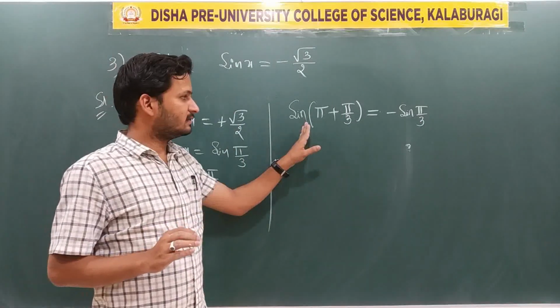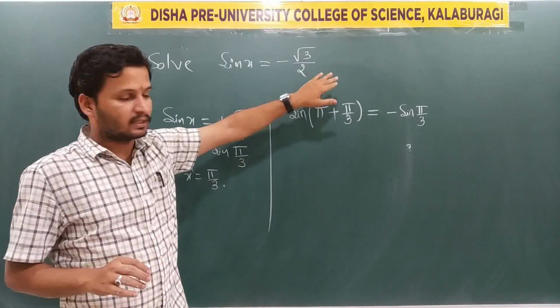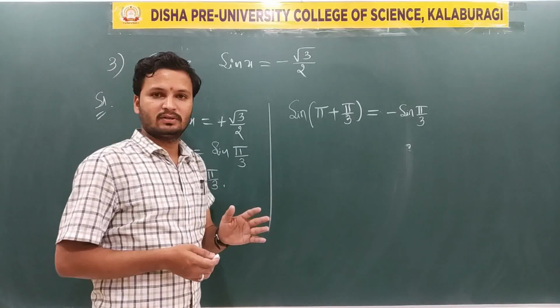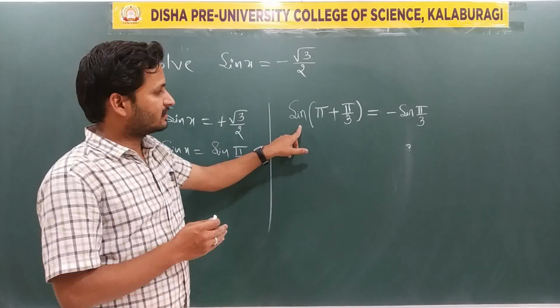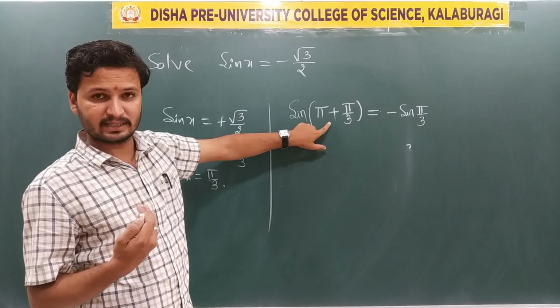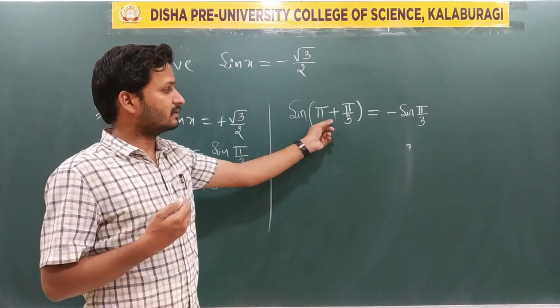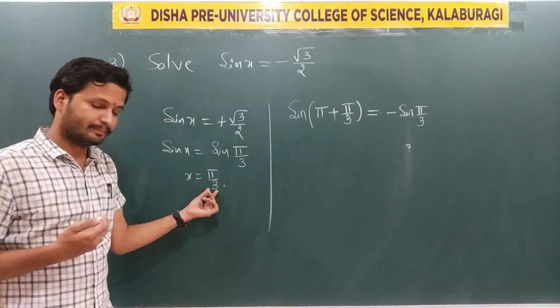After that, observe the question. The sin function is negative. In which quadrant is the sin function negative? In the third as well as the fourth. So take the third quadrant first. The third quadrant means pi plus theta. Pi minus theta is in the second quadrant, where the sin function is positive, so your negative sign is not there. So take pi plus theta, with theta as this angle pi by 3.